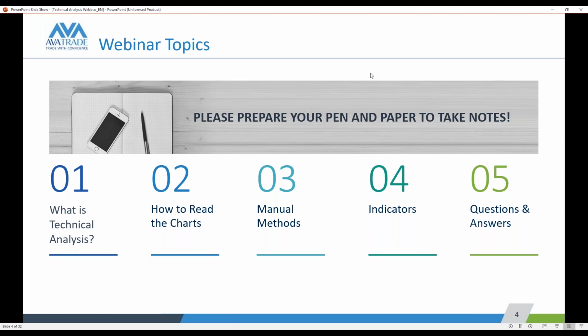So we tend to focus more on the manual methods so you actually can understand what the indicator is looking at as well, because just like the indicator, we're looking back at the candlesticks and looking for patterns and trying to find proper entry points based on some rules that we may outline as we go over the charts. And the weakness of the indicator is that it doesn't know how to take into account the fundamental news situation. And when we manually do our technical analysis, certainly we have that benefit of understanding what is happening around the world economically.